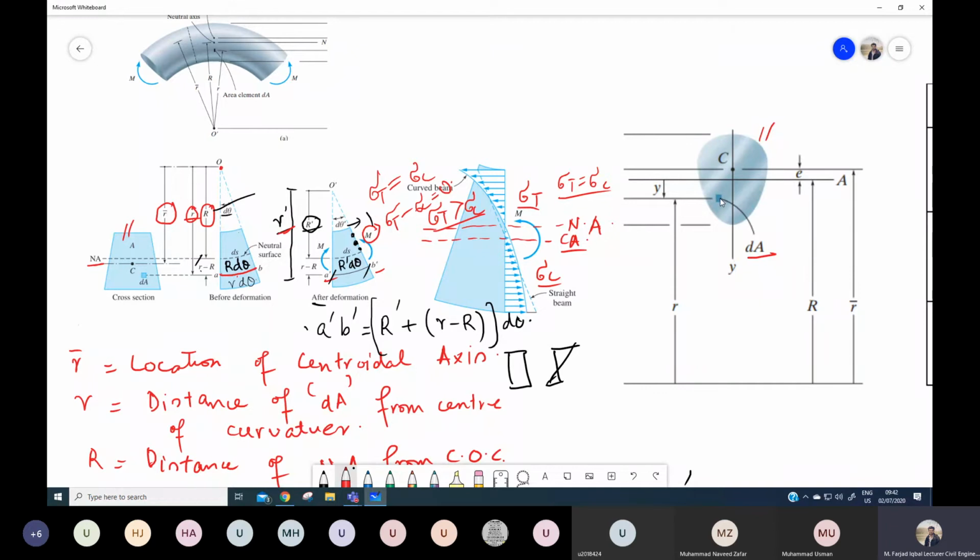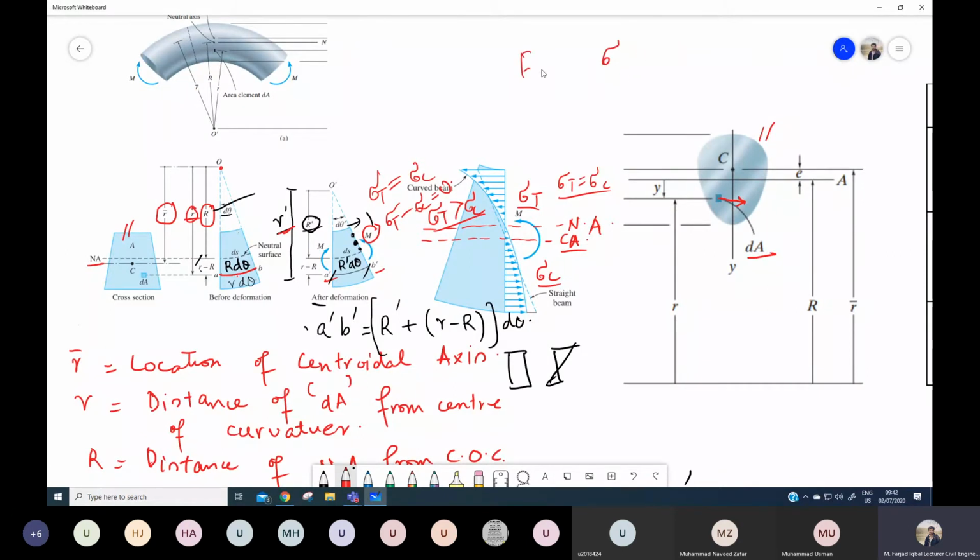If I want to know the resultant force, that resultant force may be coming out of the paper. I can't show it exactly correctly over here, so let's assume that this is the resultant force coming out of this board or paper.